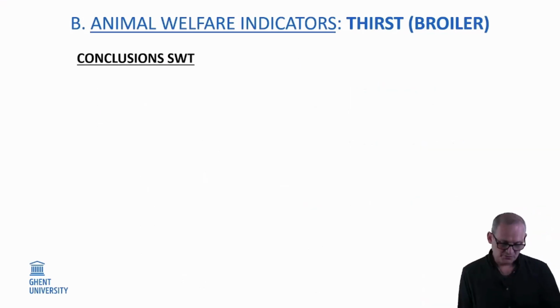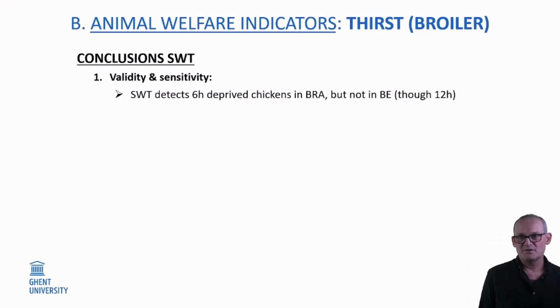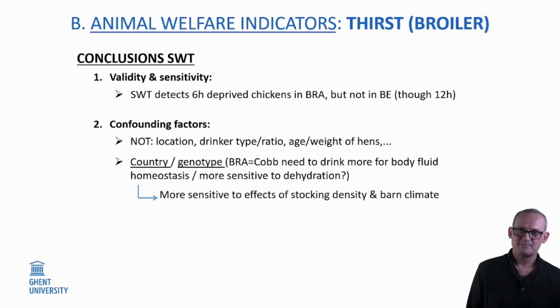So what did we conclude from this research regarding the validity and the sensitivity of this spontaneous water consumption test? That it can detect 6-hour deprived chickens in Brazil, but in Belgium they had to be deprived for 12 hours for the test to detect that.